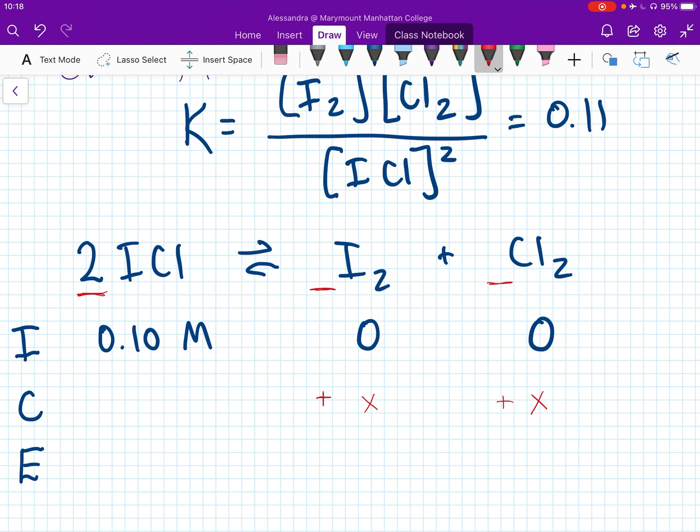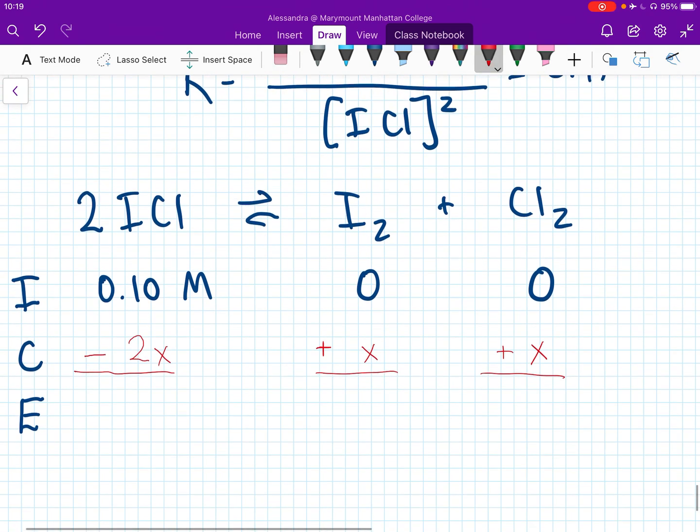Now, for every amount x of iodine or chlorine that I'm gaining, I'm going to be losing some amount of ICl. Now, I have 2 moles of ICl that are being lost for every 1 mole of I2 or Cl2 that's gained. So I'm going to call that minus 2x. So basically, the coefficient of x that I'm sticking in my ICE chart is equal to the stoichiometric coefficients in the reaction.